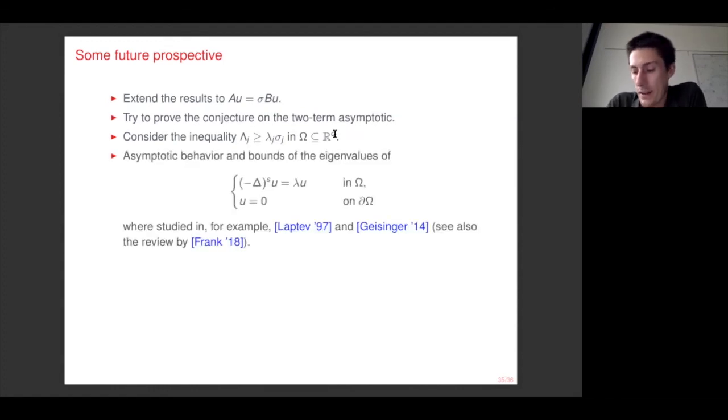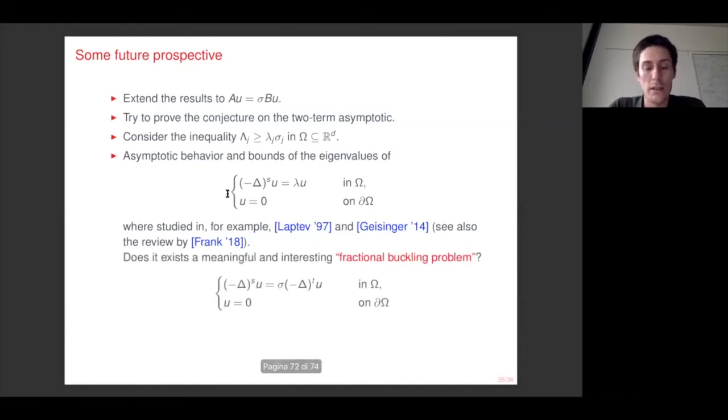As maybe some future research, I note that the asymptotic behavior and bounds of this problem, that is the Dirichlet problem for the fractional Laplacian, where by u equals 0, I mean the meaningful Dirichlet boundary condition for this non-local operator, were studied, for example, by Laptev and Geisinger. And there's also a nice review by Frank regarding this problem.